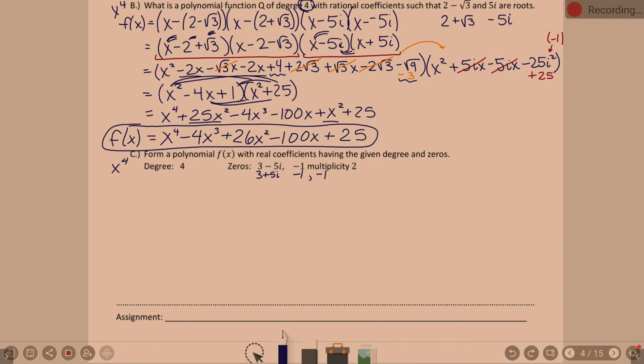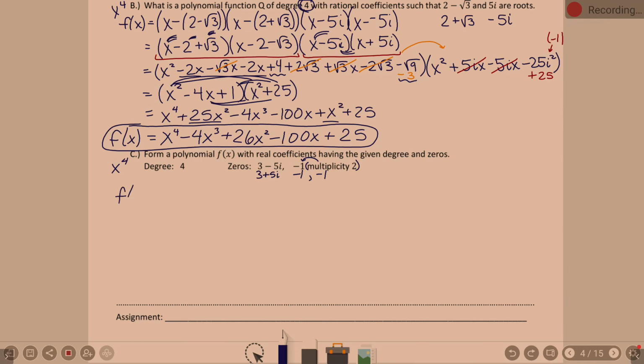If it was -10, it would have been -10, -10. If it says multiplicity, I need to write down that same number twice. If it was multiplicity of 3, there'd be another -1.